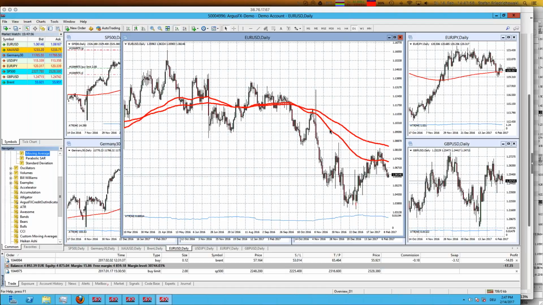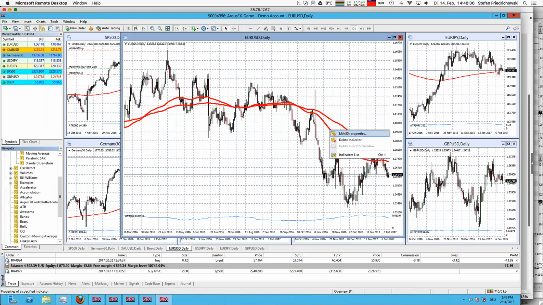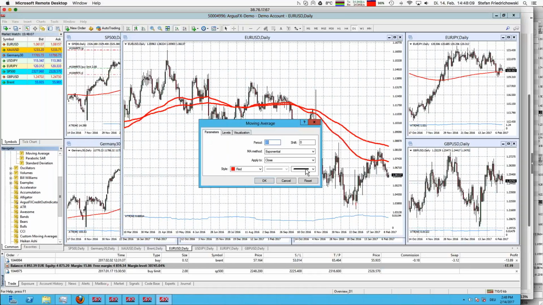What we have here, unfortunately I have not taken the right thickness of that line. I want to have that a little bit thinner. So let me change that. I go here for the third one, and then we will have a better view.